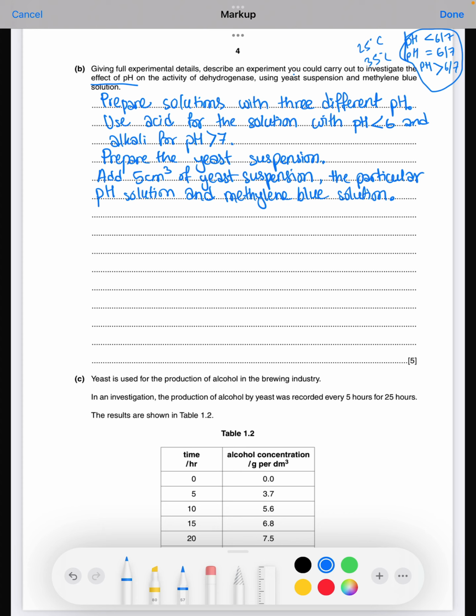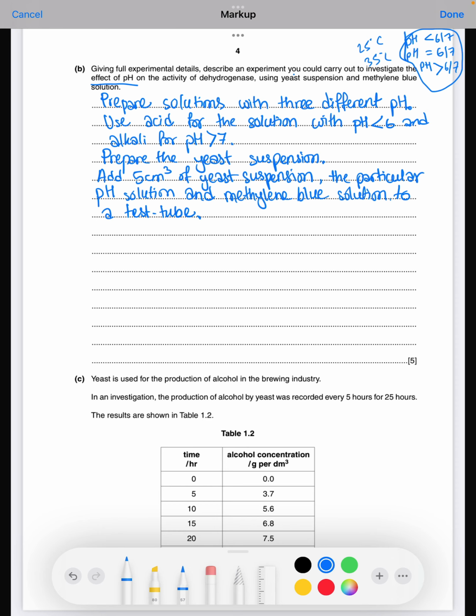So we are adding everything to a test tube. So we are adding 5 centimeter cube of yeast suspension, a particular pH solution, and methylene blue solution to a test tube.